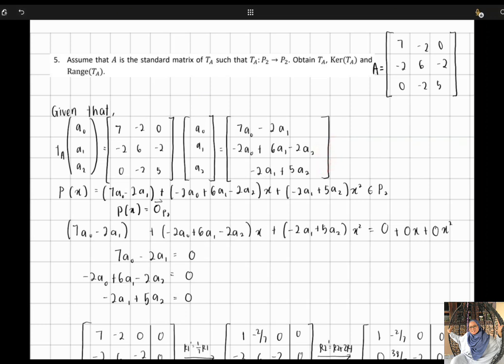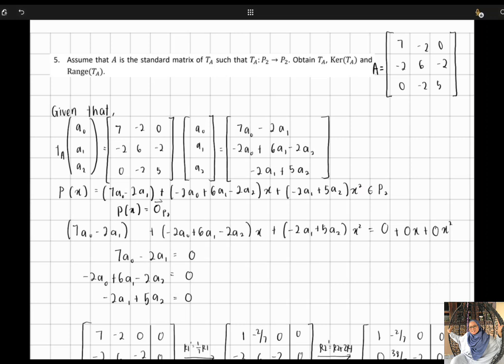Next, we change it into polynomial form, which is 7a0 minus 2a1, plus negative 2a0 plus 6a1 minus 2a2 times x, plus negative 2a1 plus 5a2 times x squared.